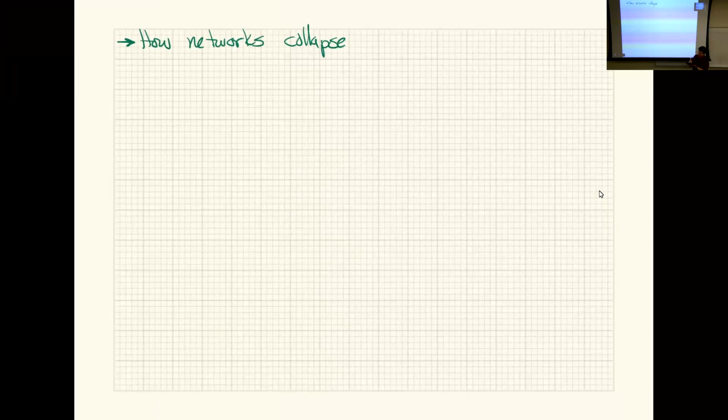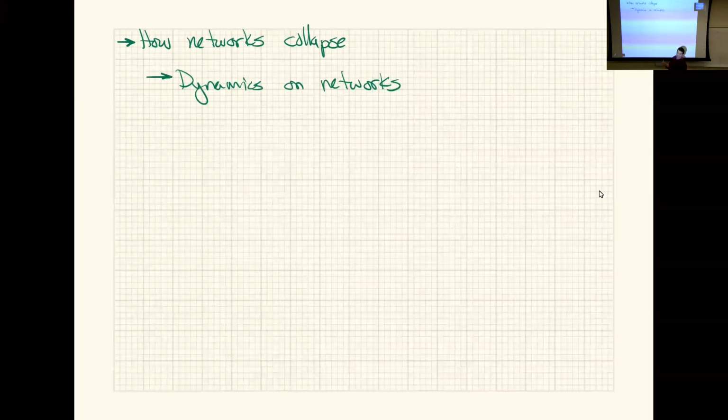And so this is dynamics on networks. One still open line of research that people are trying to understand is what happens when node failures depend on other node failures.